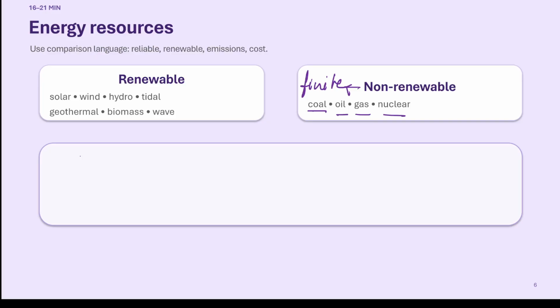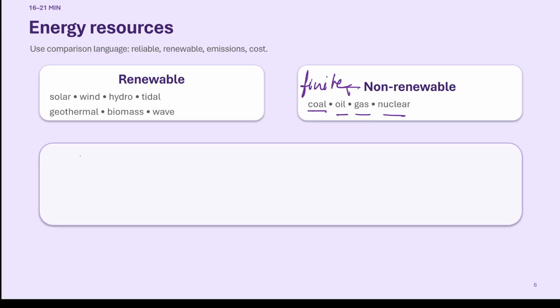The disadvantage for the environment is that they produce carbon dioxide, which is a greenhouse gas. If you're doing geography, you know that it produces a heating effect, which is a cause of global warming.